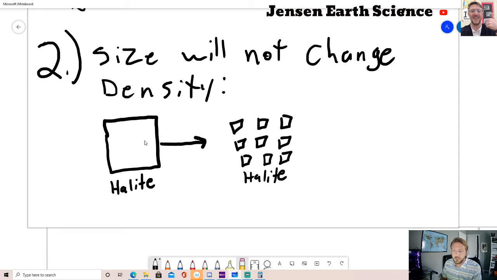The density didn't change at all, so this density is equal to the density of each individual little piece of halite. There's no change in the internal arrangement of atoms. The atoms are all equally the same distance from each other, and so the density never changed. So if you break something into smaller and smaller pieces, the density will not change because the mass and the volume are changing in that perfect ratio, so the density formula will always give the same result.